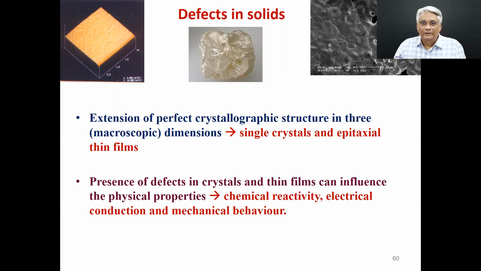Okay. Now, on the right-hand side, what you see is a typical example of a polycrystalline material. As I have mentioned earlier, the name itself suggests that you have the material obtained in a polycrystalline form. And polycrystallinity is typically denoted by grains and grain boundaries.